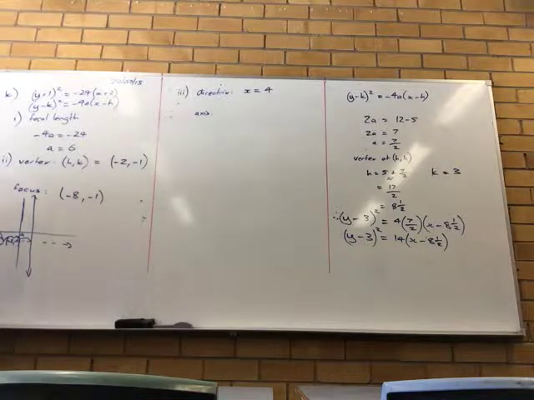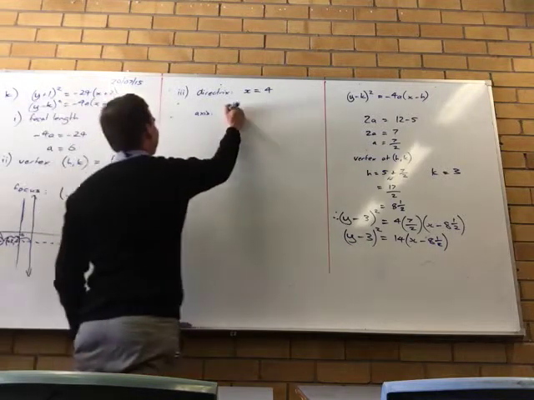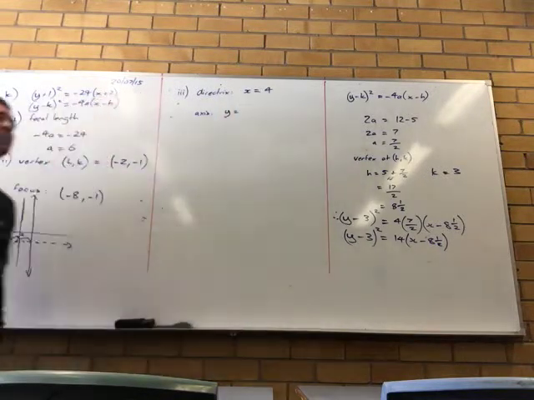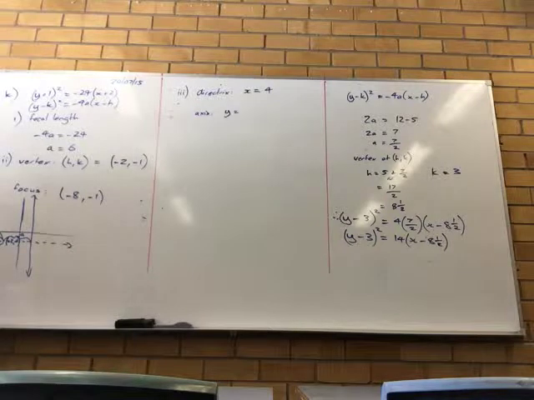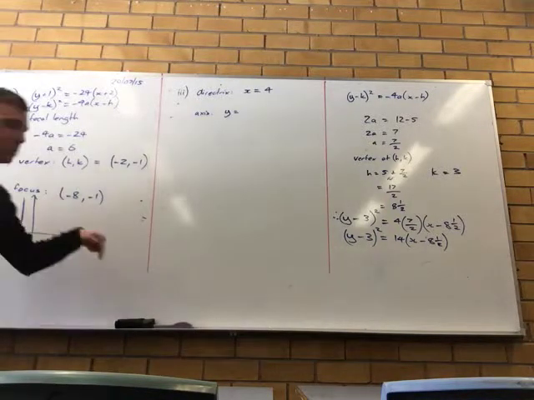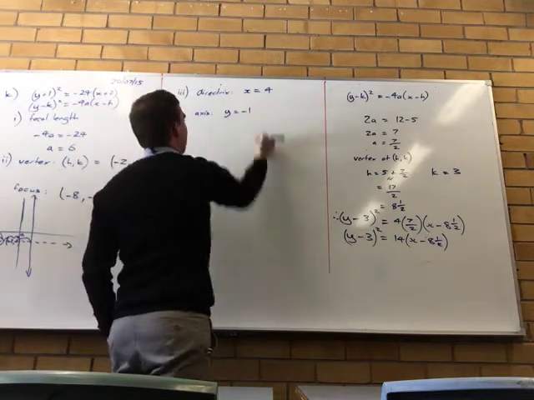And the axis is that imaginary line there. Which axis does the axis cross? When we talk about the axis, we mean the axis of symmetry. What value for y does it cross? -1, because the vertex and the focus is -1.